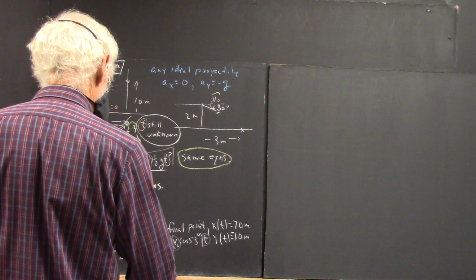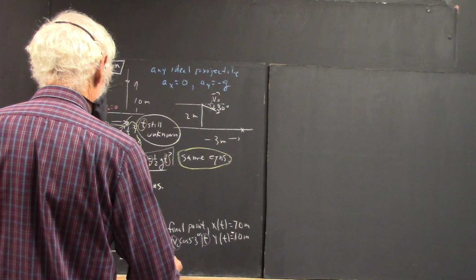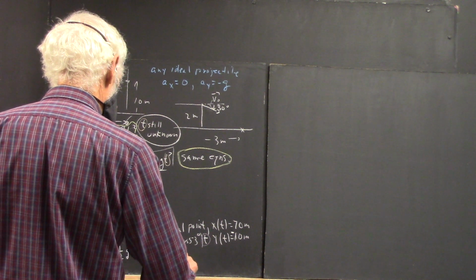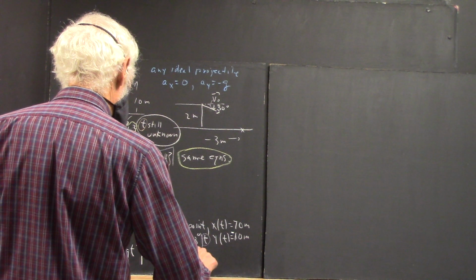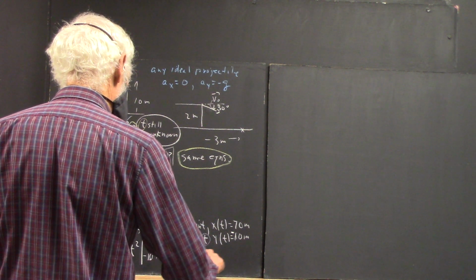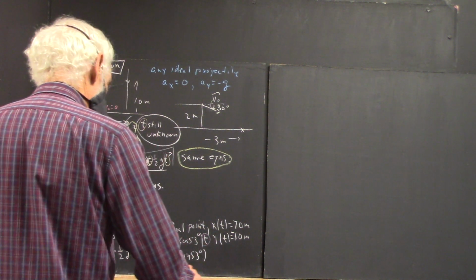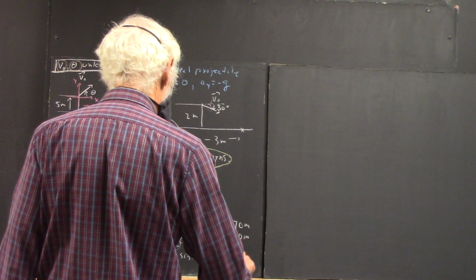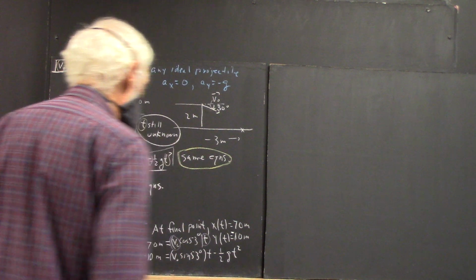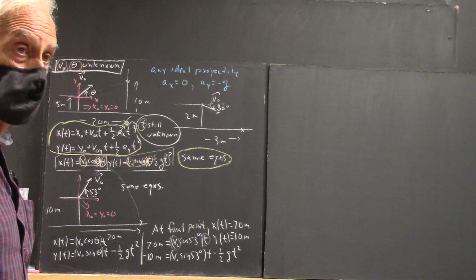Then negative 10 meters is v naught sine of 53 degrees times t minus 1/2 g t squared.